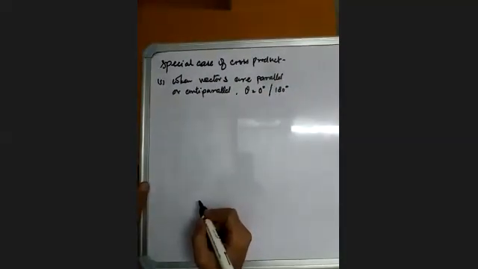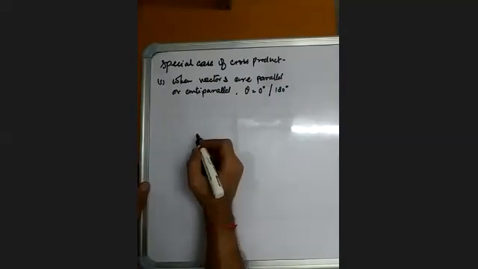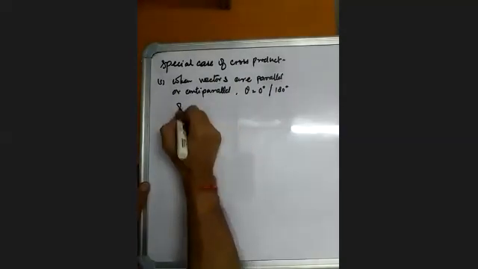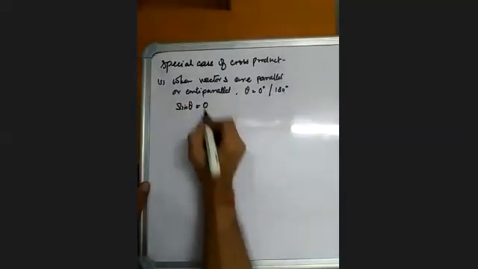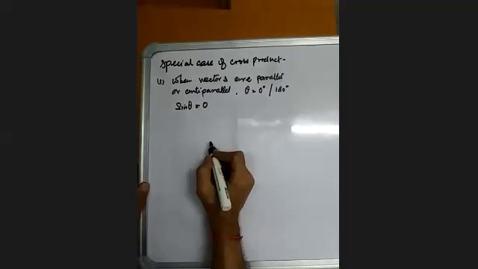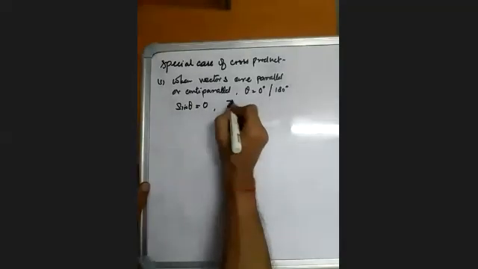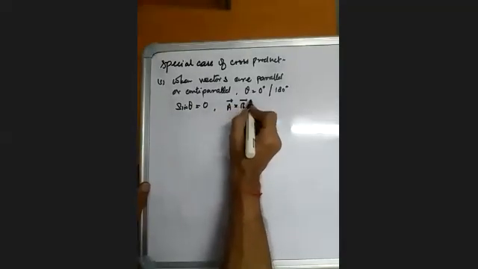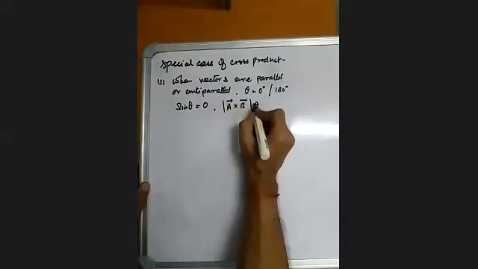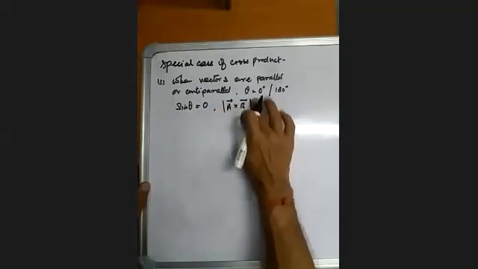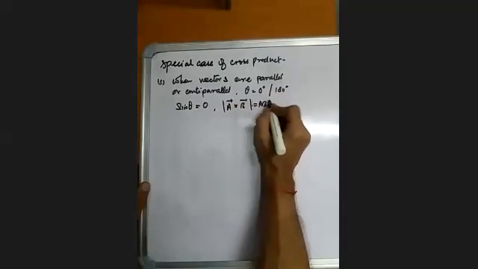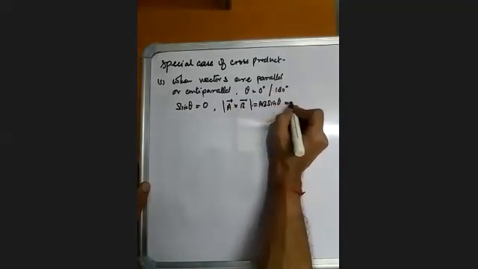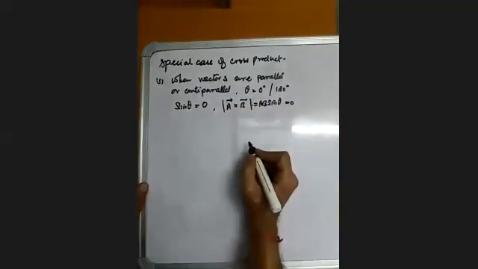In that case, the value of sine theta, which is sine 0 or sine 180, will be 0. Because the sine theta value is 0, the magnitude of A cross B, which is given by AB sine theta, will also be 0.